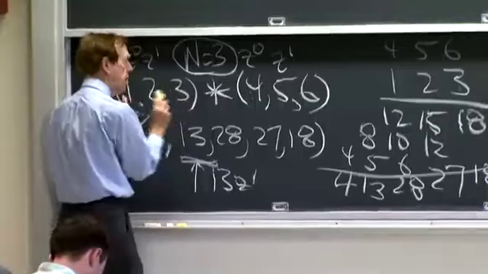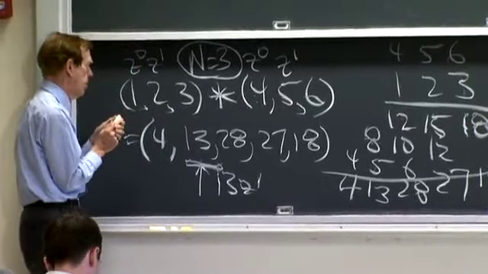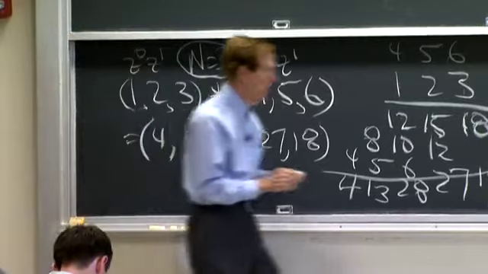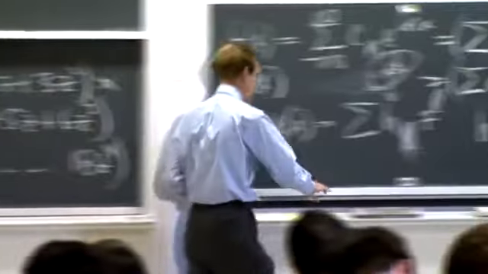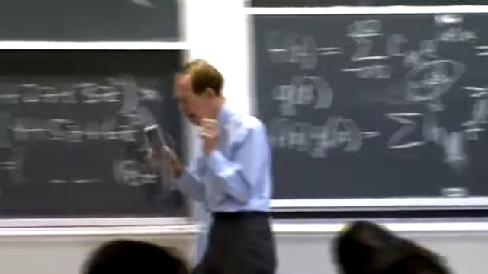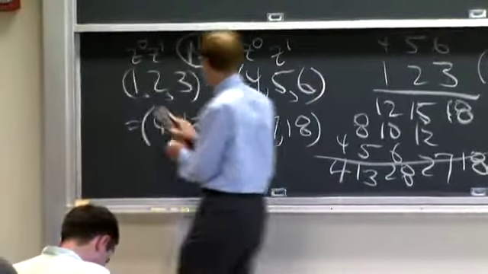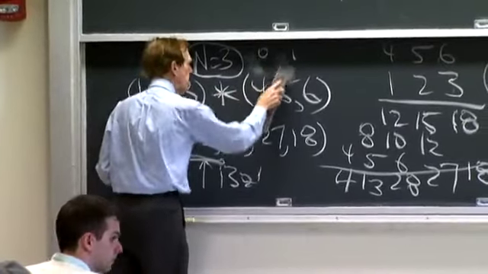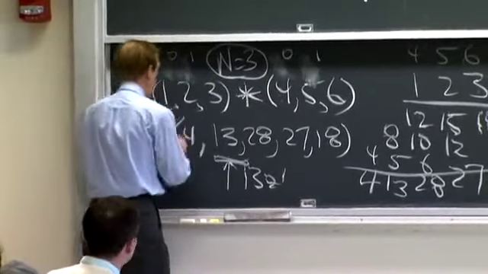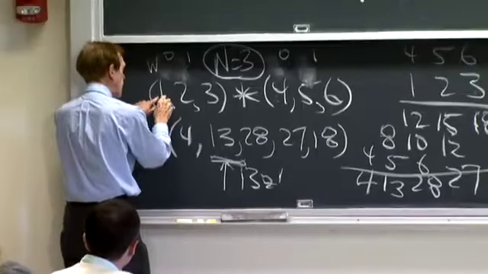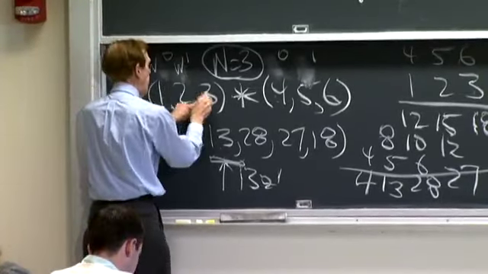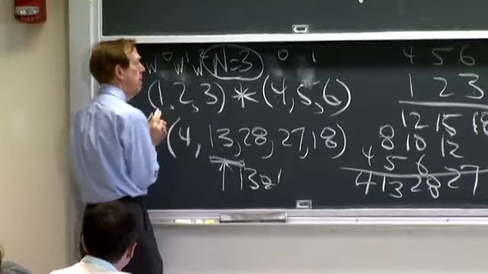Now I'm going to do the cyclic one. So instead of z's, I should be putting w's. It's just good to think of it with the w there, because the w has this special property that's critical to everything. So now I think of this as 1w to the 0, 2w to the 1, and 3w squared.